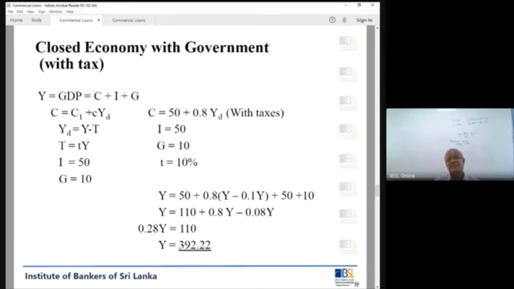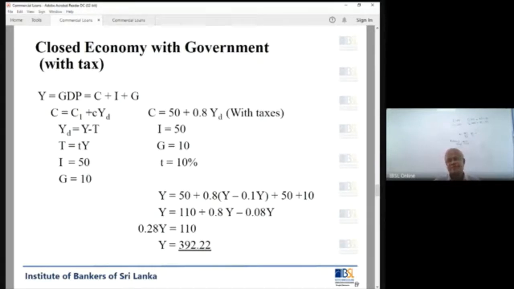Then you substitute this into the equation Y equals C plus I plus G. Y equals 50 plus 0.8 times (Y minus 0.1Y), plus investment 50, plus government expenditure 10.